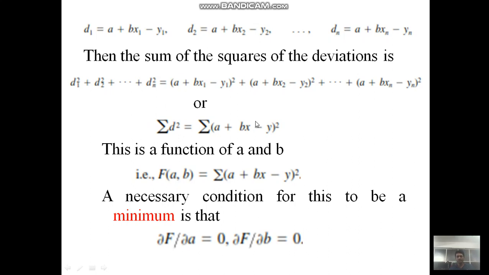This summation is a function of a and b, so we assign a notation f, a function of a and b. So f of a, b is equal to the sum of (a plus bx minus y) whole square. Whenever we have to find the minimum or maximum value of a function, the first order derivative must be 0.